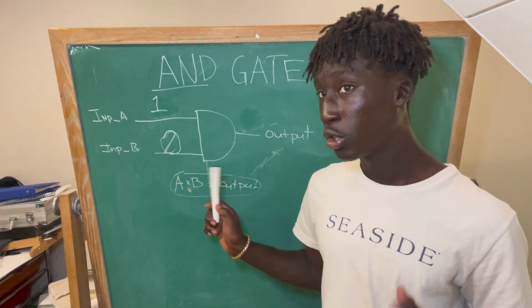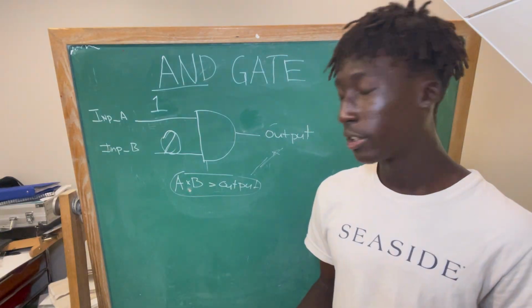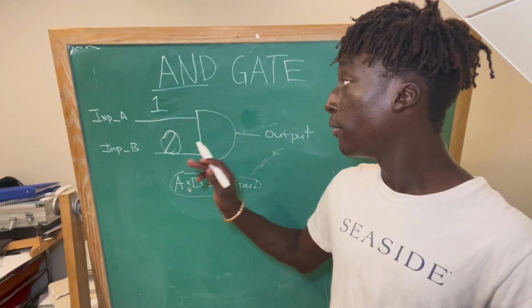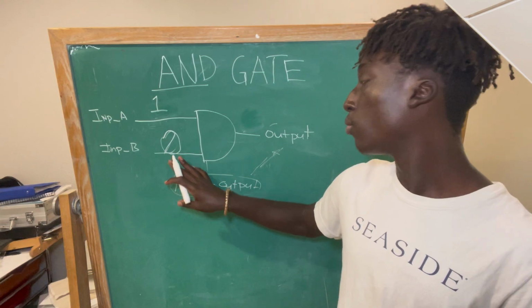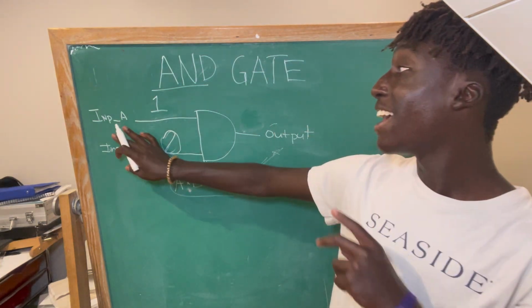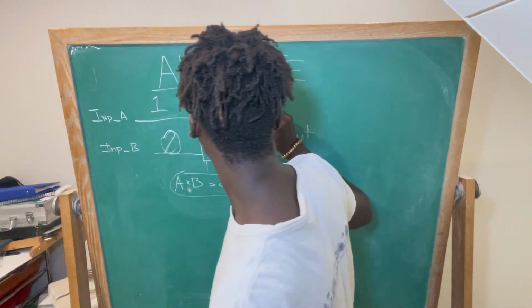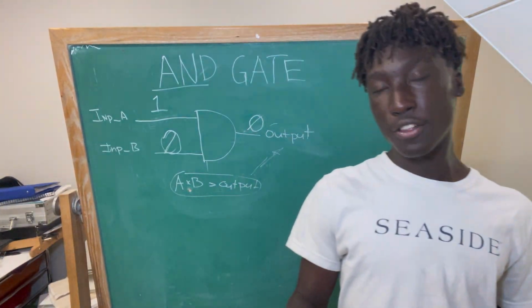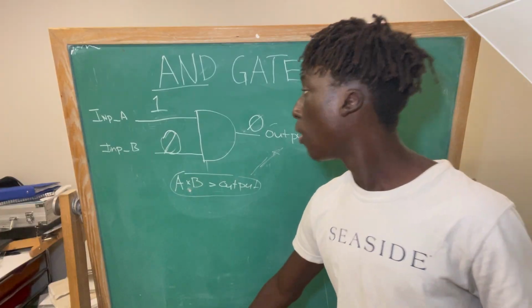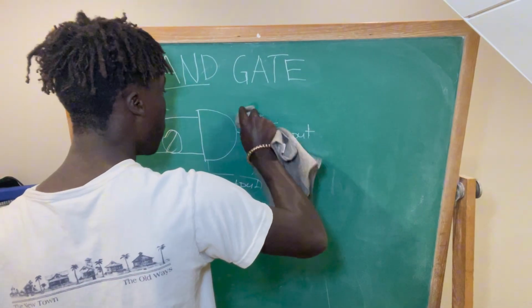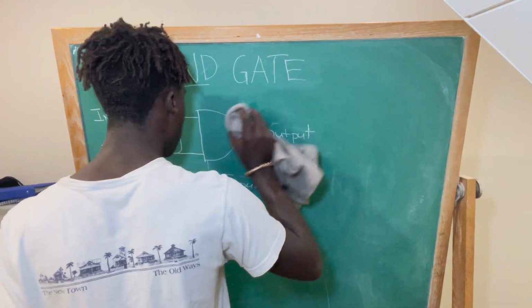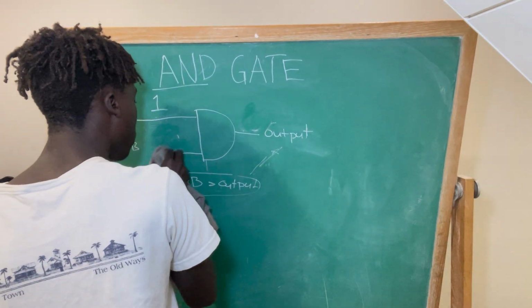It's easy, straightforward. Input A equals 1, input B equals 0, so our output will be 0. Simple math. Now what will happen if we make input B also equal 1?